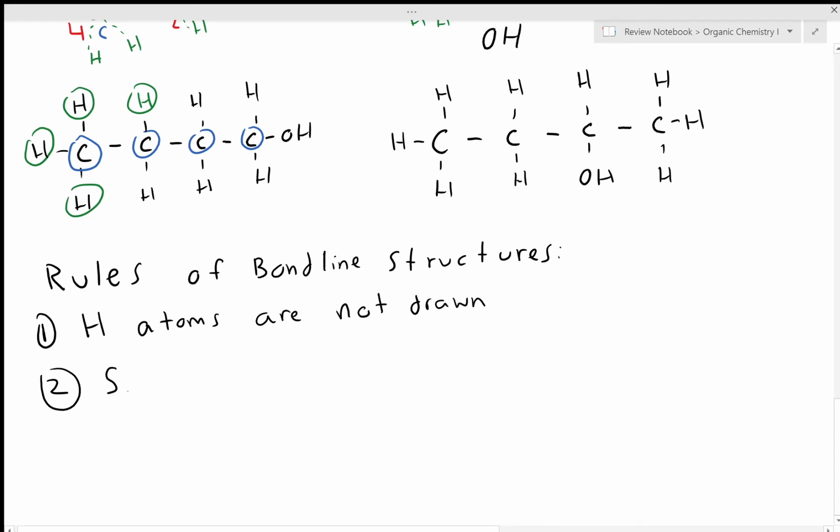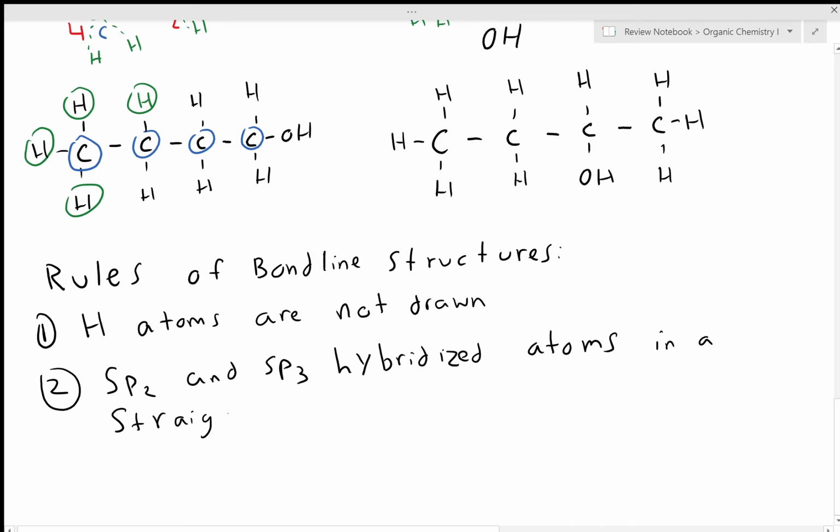Rule number 2: in our sp2 and sp3 hybridized atoms in a straight line, like our examples, in a straight chain, go straight chain or zigzag.